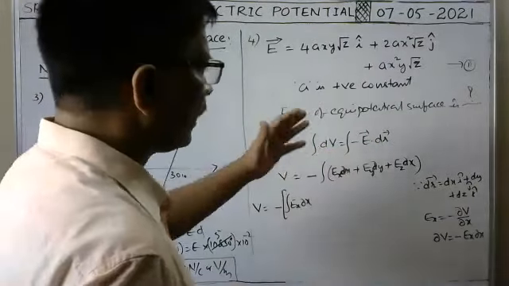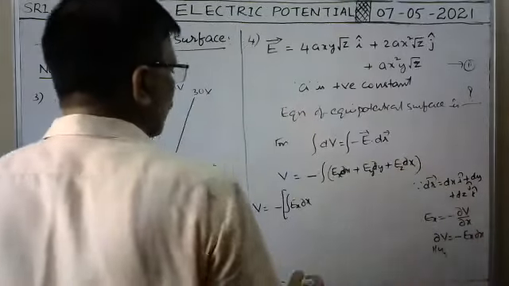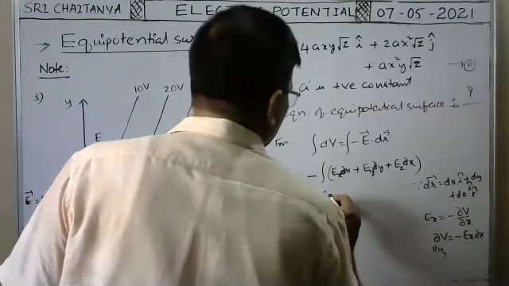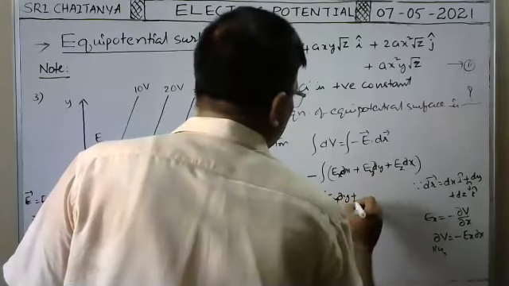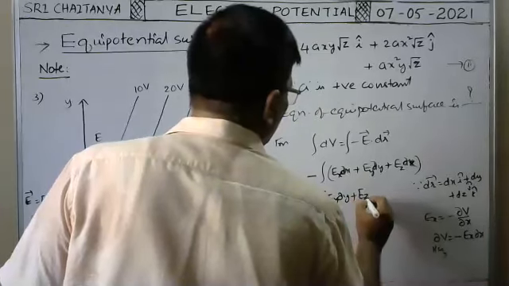You write like this. Similarly Ey dy. So Ex into dou x plus Ey into dou y plus Ez into dou z.